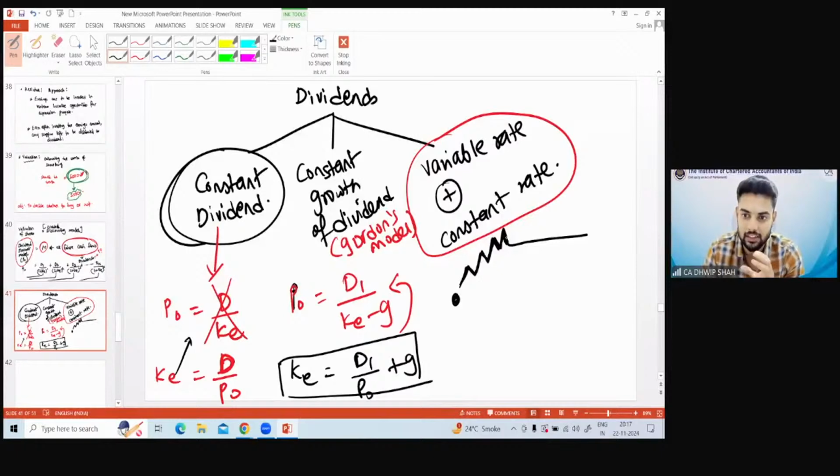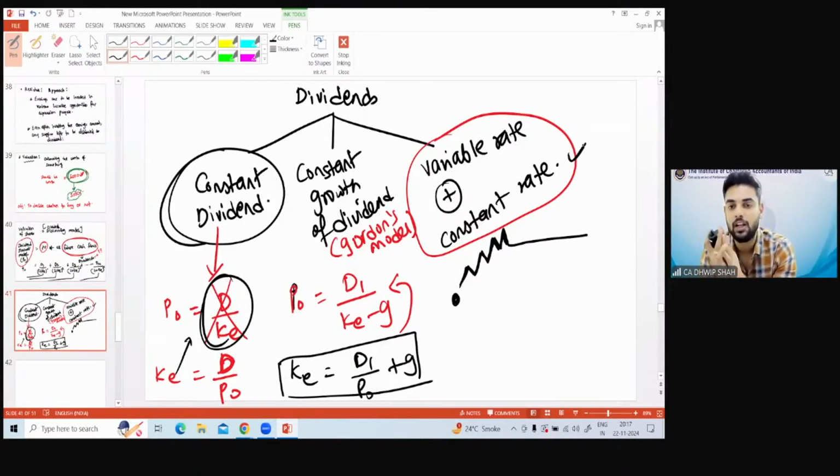See, this is a little complex. The valuation part is a little complex. So you need to grasp it very carefully. The constant dividend formula cannot be applied. Why? Because dividend is not constant under the third model. It is growing at a variable rate. Dividend every year changes.